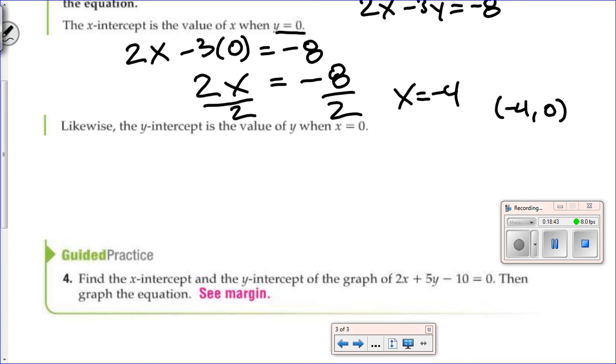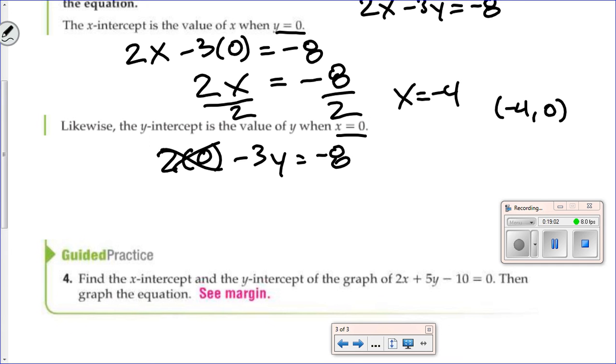The y-intercept is the value of y when x is equal to 0. So we use our standard form 2x minus 3y. This time we're substituting 0 in for x. So 0 minus 3y is equal to -8.